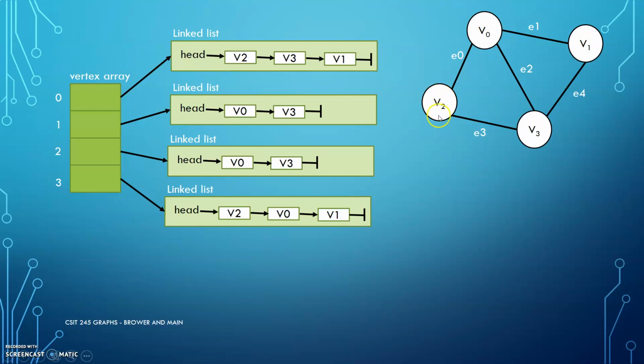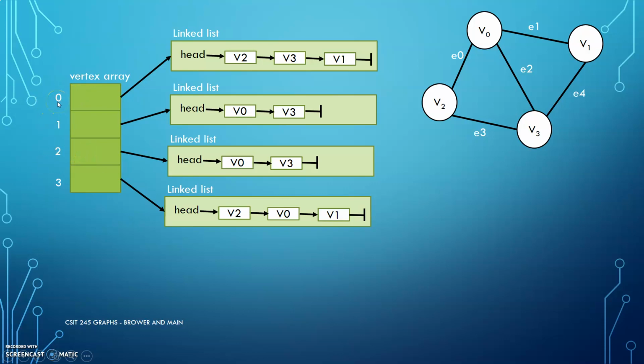So in other words, when asking the question of vertex 2, is vertex 1 adjacent, we would directly go to vertex 2, which we can access this way. If we have an array of sort of linked lists, then each element here would represent a vertex.